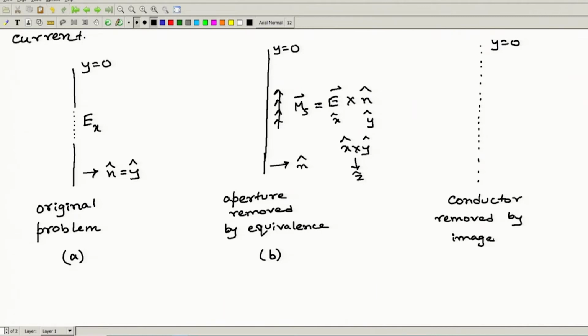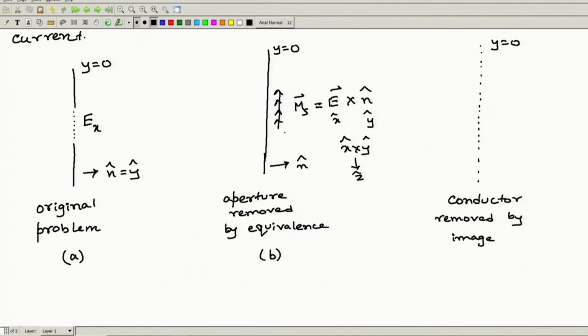Now see, while we have removed the aperture and placed the magnetic current over there, now what happens is that in the vicinity of the ground plane there is magnetic source. Okay, in the vicinity of the ground plane we have the magnetic source.